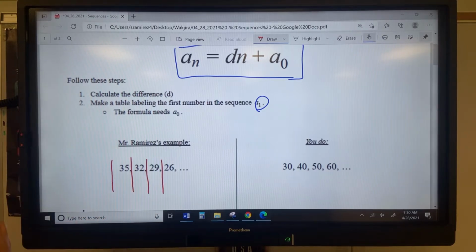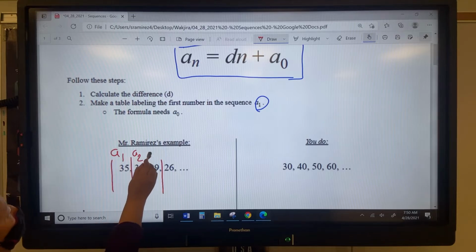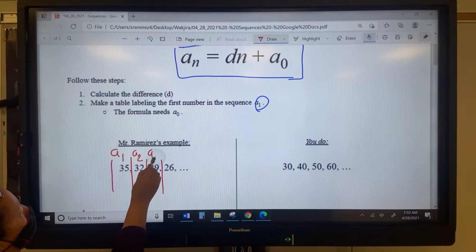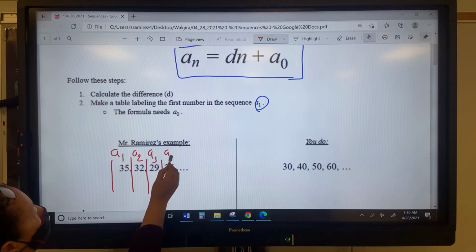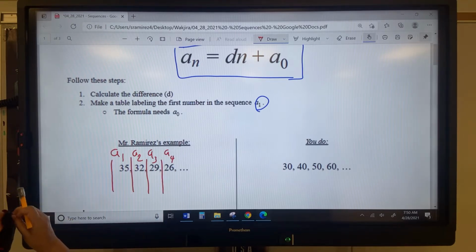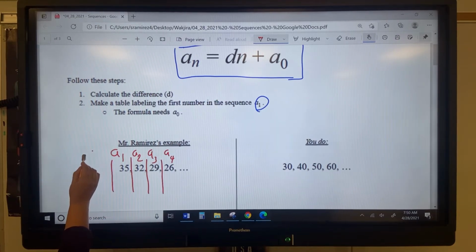Our first number is 35, that is A1. Our second number is 32, that is A sub 2. Then the third one is A sub 3. And the fourth one is A sub 4. Then what we need according to the formula is A sub 0.